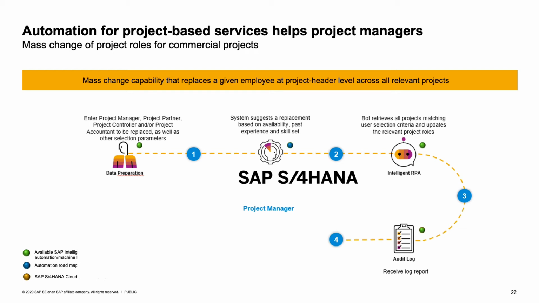With this bot, we bring in the automation that helps the project manager update either a specific project or a mass list of projects for different project stakeholders like project managers, project accountants, project partners, and project controllers. This bot also sends you an audit log for the changes that are done on the projects and gives complete control with the automated process to the project manager.